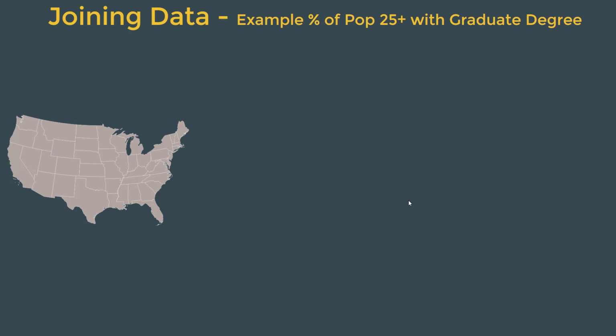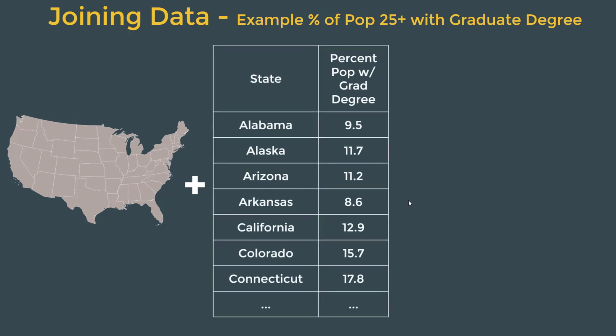Each of these state polygons doesn't have any attribute data associated with it. What joining data does is it takes attribute data that is in another shapefile or in an Excel document or CSV document and adds information through a unique shared field to create new spatial data.